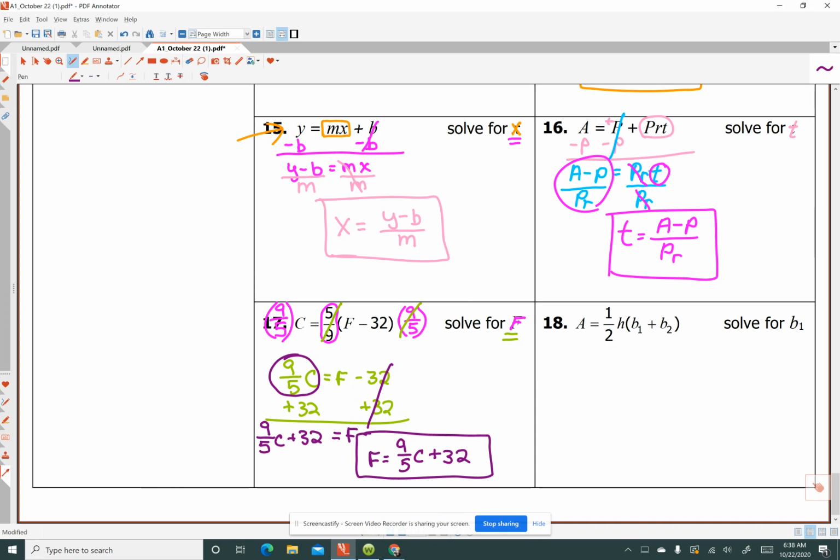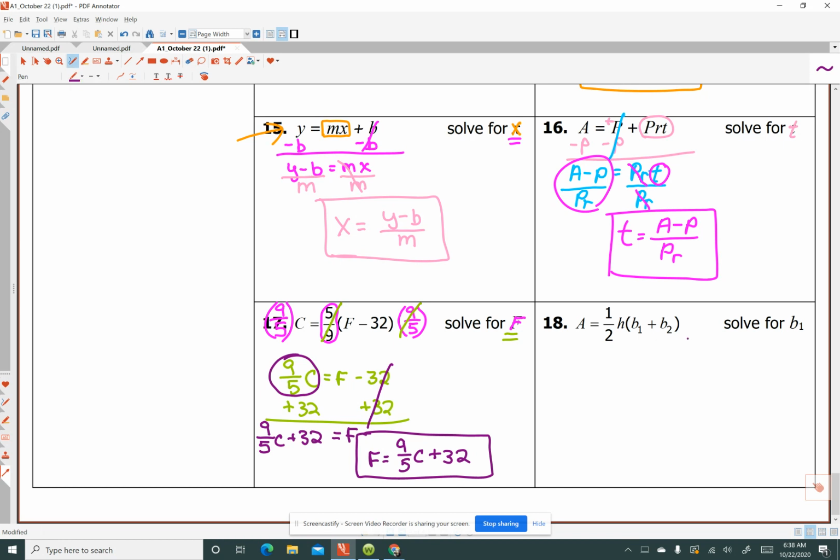Now, I know number 18 looks a little bit difficult, but let me tell you a couple of things that are going on here. Remember I said these letters could actually be triangles or squares. It's just symbols that we're manipulating. And that's how I want you to think of B1 and B2.